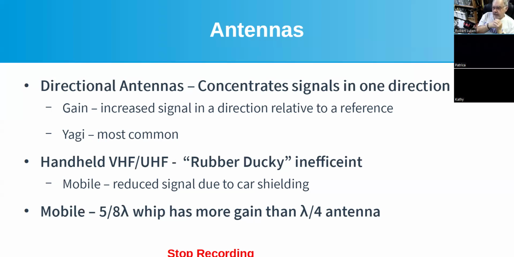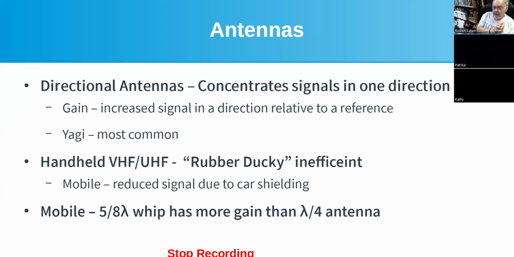If you're trying to use your handy-talkie in a car, you're going to be affected by essentially a Faraday shield of the car itself, unless you're in a Corvette or a Jeep that's mostly fiberglass top. If it's a metal-topped car, you need to hold it out the window or close to the window to get much reception.